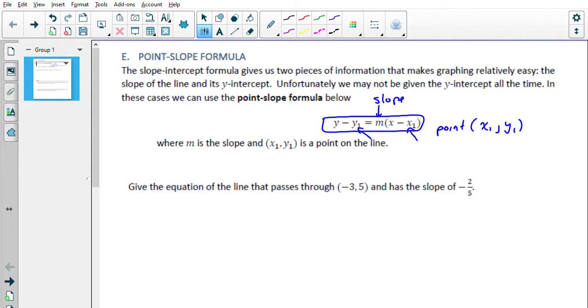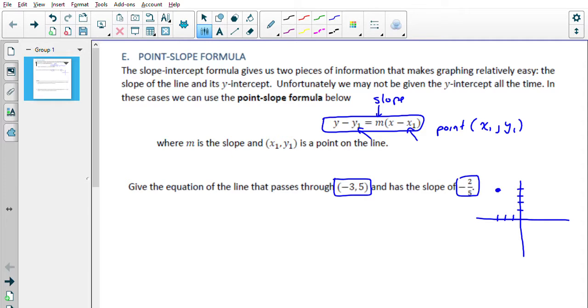So in an example like this one, where it wants an equation of a line that passes through the point -3, 5 and has a slope of -2/5, well, in terms of a sketch, you would have a point that is at -3, 5. So it's up here.